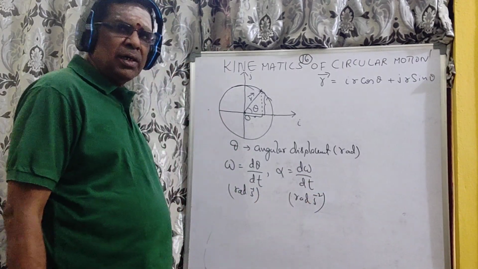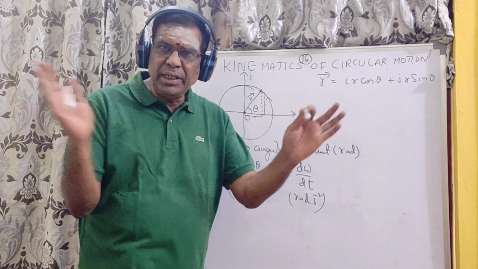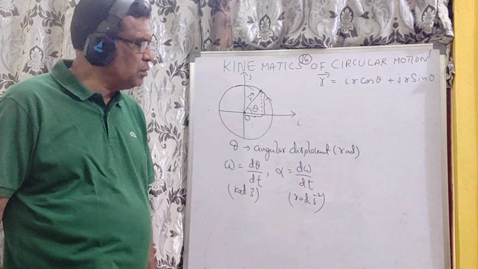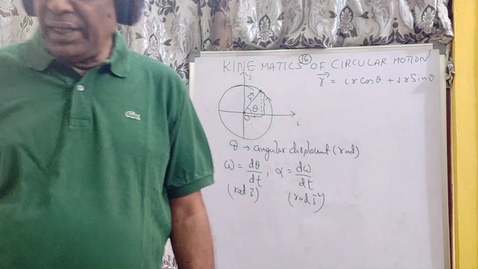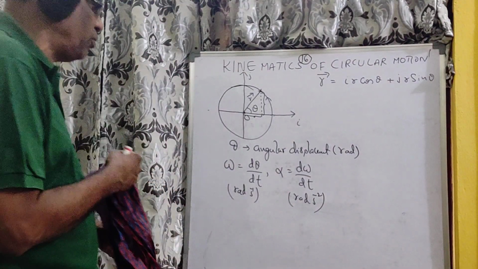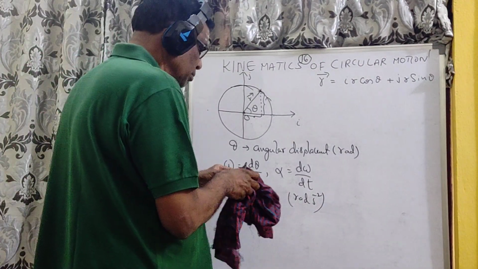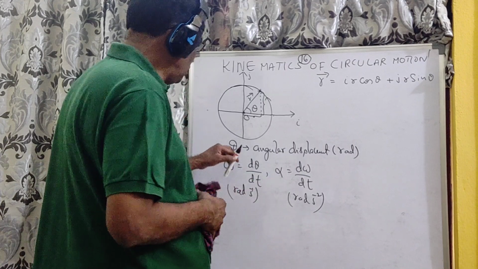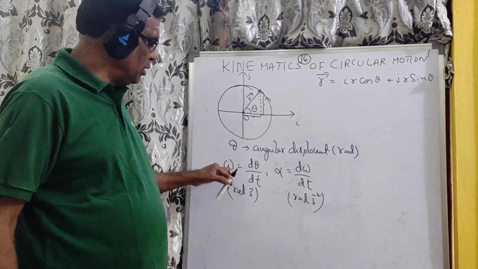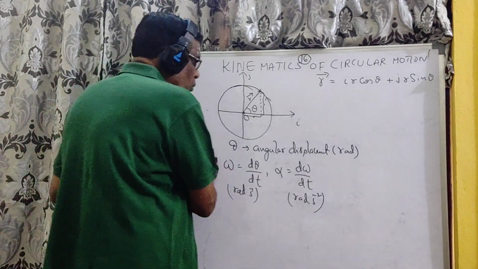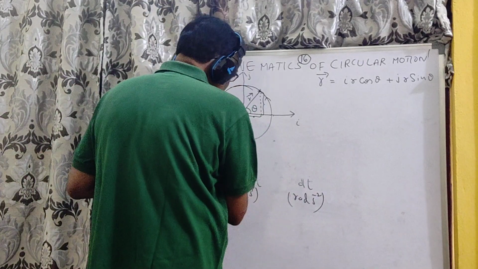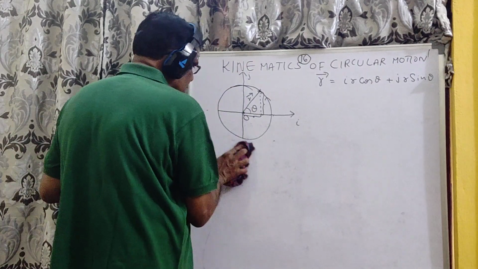You can draw similarities between linear motion and circular motion. I will tell you one by one in due course, but at every point you should be very, very specific while drawing all this. So, we defined theta, we defined omega, we defined alpha. Here i and j are fixed axes.